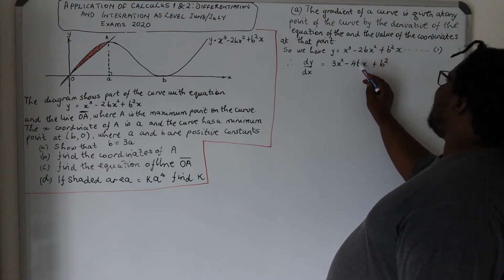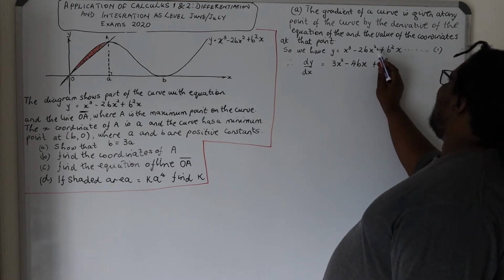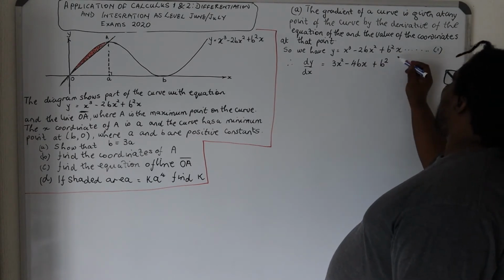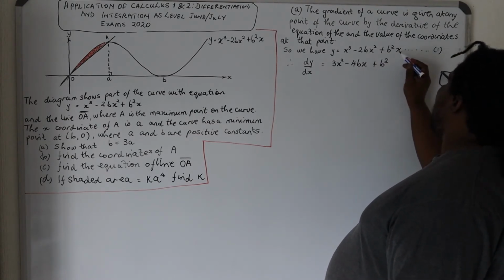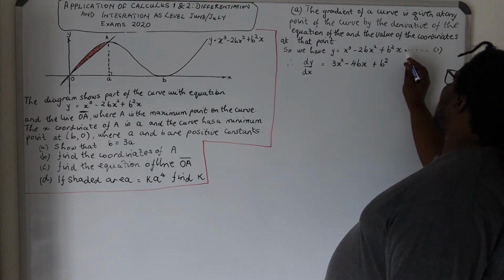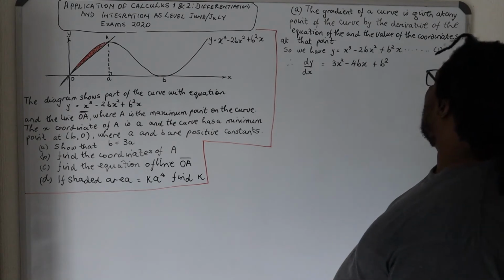So this gives us minus 4b, and x, we raise the x to the power 2 minus 1, which becomes just x. And here we have got 1x to the power 1. We multiply b squared by that, it gives us b squared, and we raise x to the power 1 minus 1, which is x to the power 0, and that goes to 1.